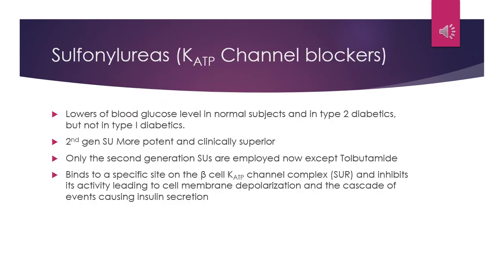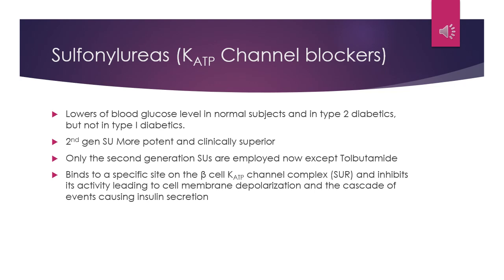Now coming to sulfonylureas. Sulfonylureas bind with the sulfonylurea receptor present in beta cells of the pancreas, and they inhibit the ATP dependent potassium channel complex, thereby causing depolarization that leads to a cascade of events causing insulin secretion.